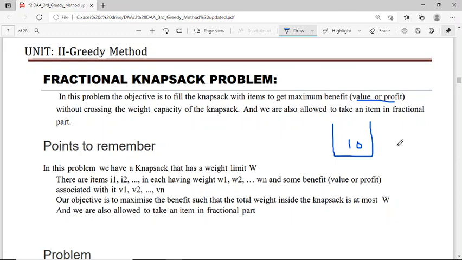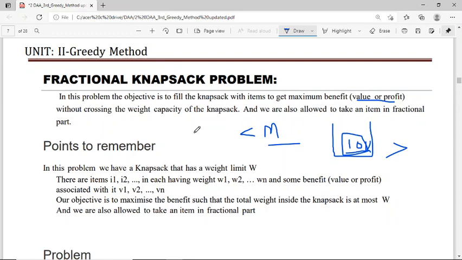In short, this bag capacity is 10 kg. You can fill this bag, but you should not exceed the bag capacity, so the total should be less than or equal to m. Whatever the bag capacity is, I am considering it as m.